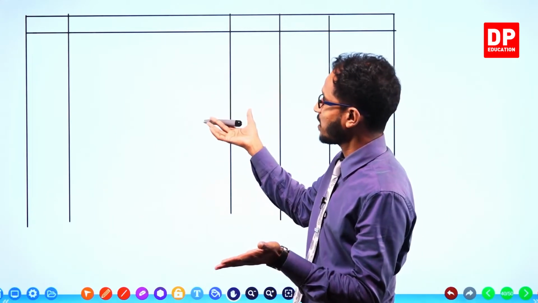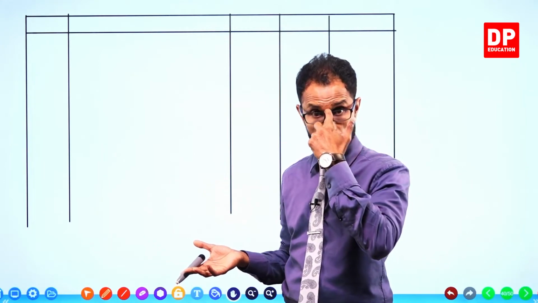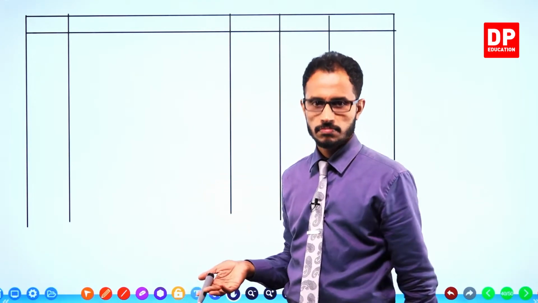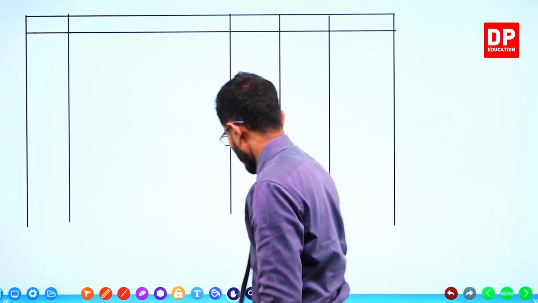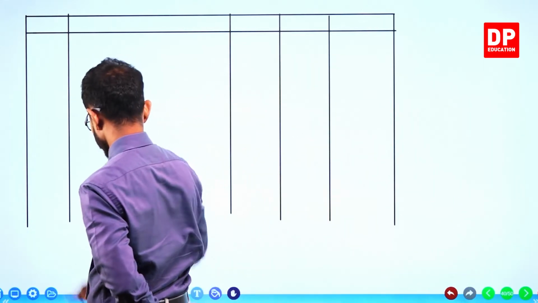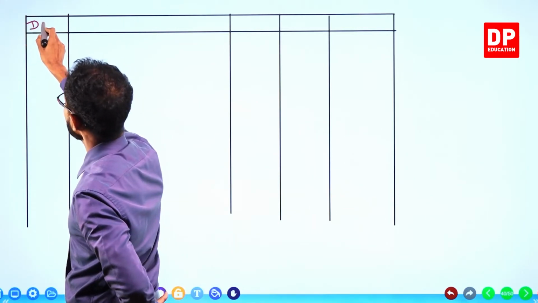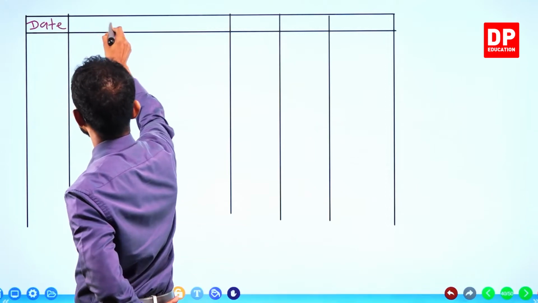This is the format of the running balance method. Now, this column is for the date. Then we get the details column.